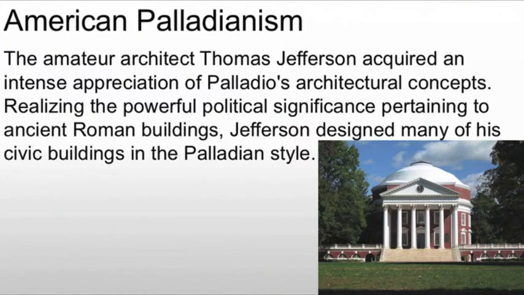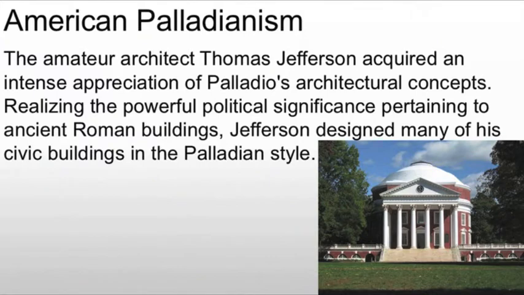Palladino's style is also going to find root in many of the palatial plantations that you see in the American South, specifically the Carolinas, Virginia, etc., where they tend to have those columned deep porch fronts. They tend to have those large symmetrical wings to them. They're going to be based on a lot of these ideas.